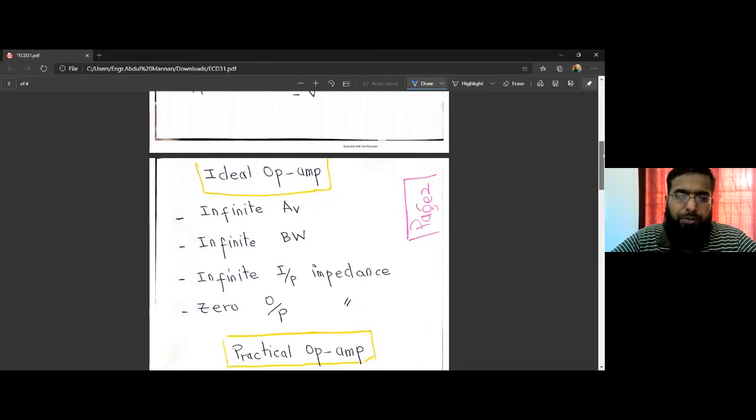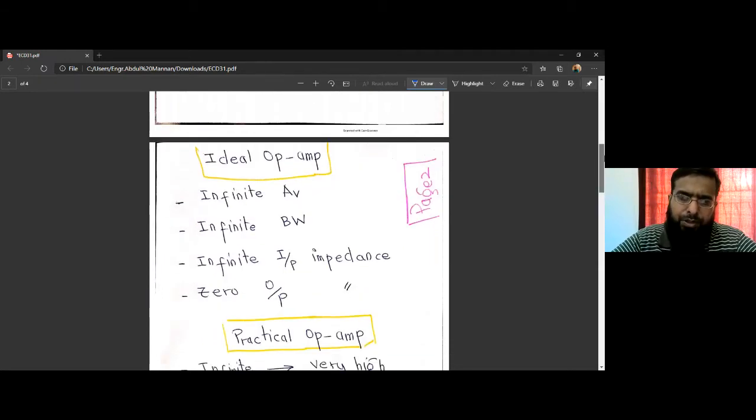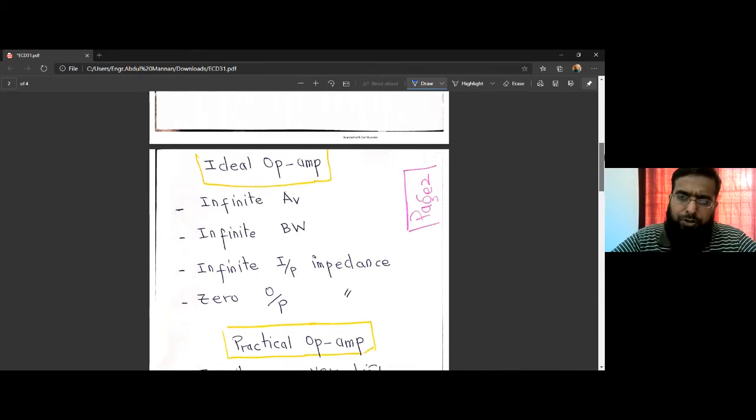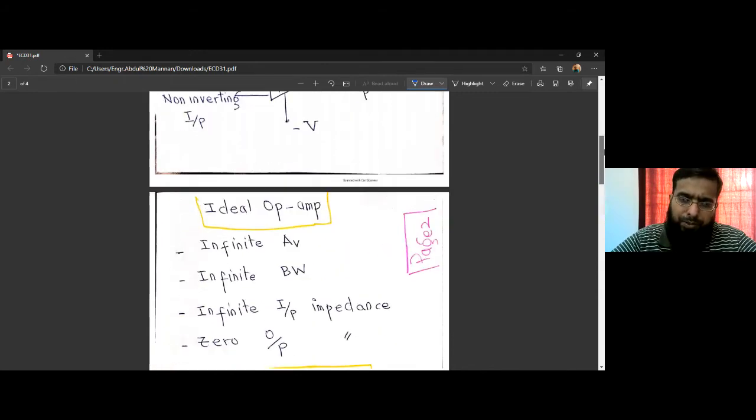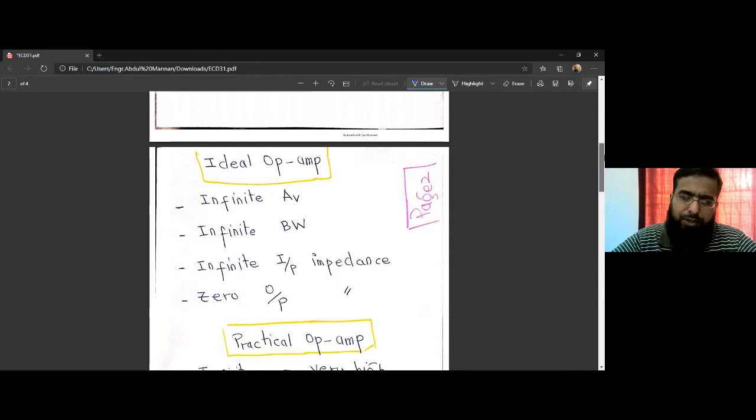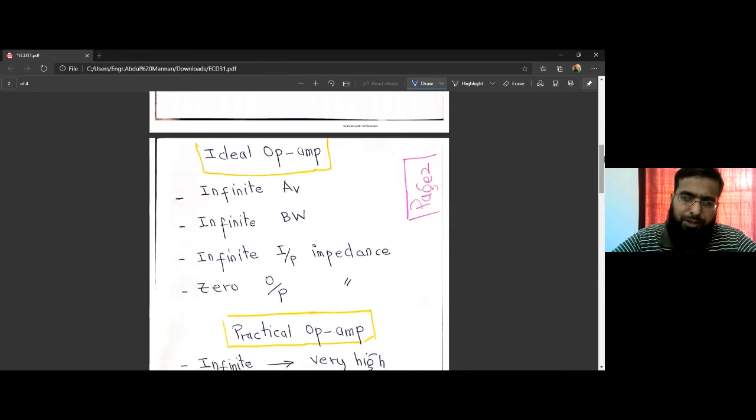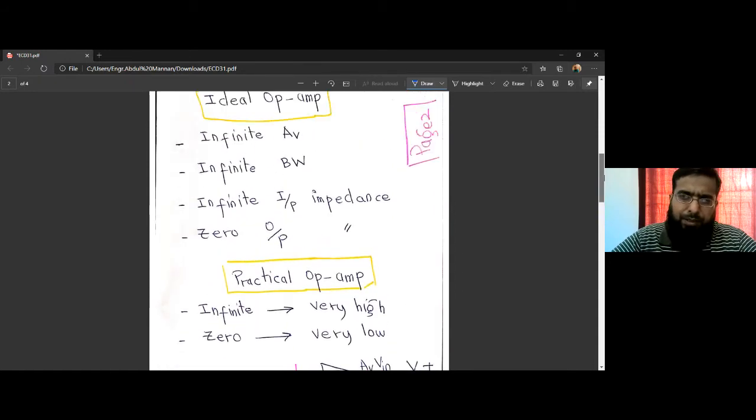It has zero output resistance so that there is no voltage drop within the output resistance and the full output voltage is delivered to the load. So these are the ideal parameters that an ideal op amp should have, but practically it achieves these requirements fairly well.